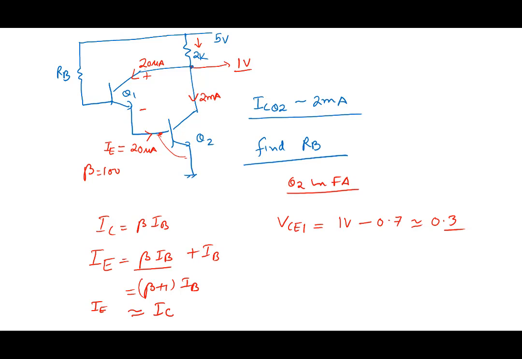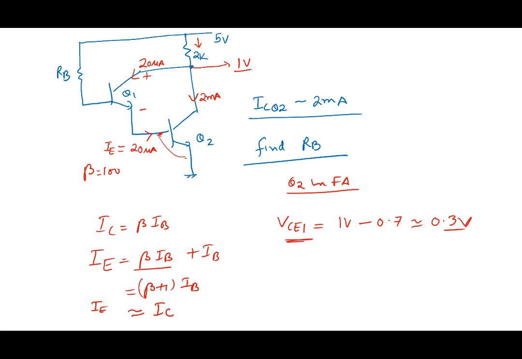In a good design, what you would do is you would make this 2K a little less. If 2K becomes a little less, then what will happen to this 1 volt? May become 1.5, and then you'll move further away from saturation. Okay? So we'll assume VCE1 is 0.3 volt. We'll assume that this is also in active mode here.